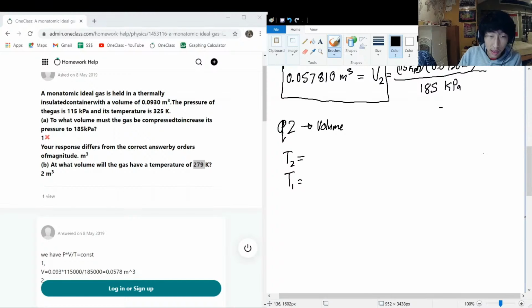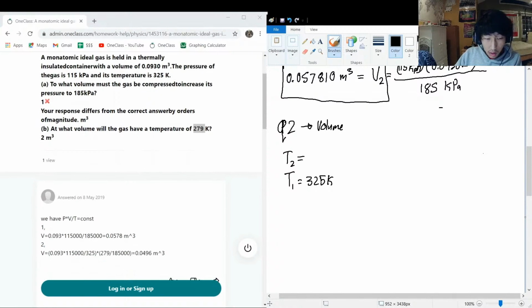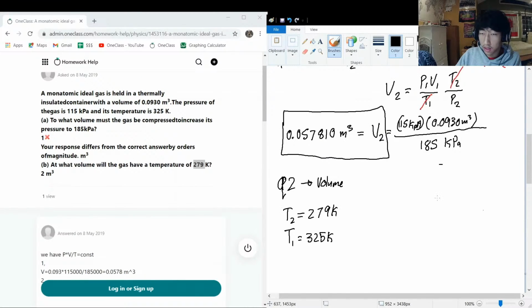T1 was 325, and T2 is 279. Everything else is going to be the same, except we're going to uncancel the T1 and T2 terms. So V2 is equal to P1 V1 over P2 times T2 over T1.